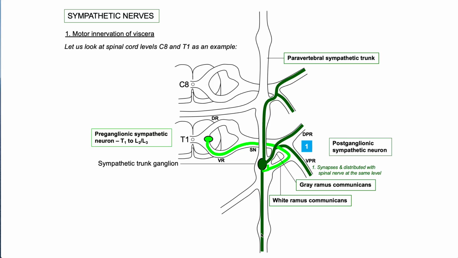And even below L2, I have this sympathetic available in my chain. I cannot take out from my spinal cord, but I can take out from my sympathetic chain, which is present at all the locations. Because from T1 to L2, I have white and gray rami communicans. But above that and below L2, I don't have white rami communicans. I don't have any lateral horn.